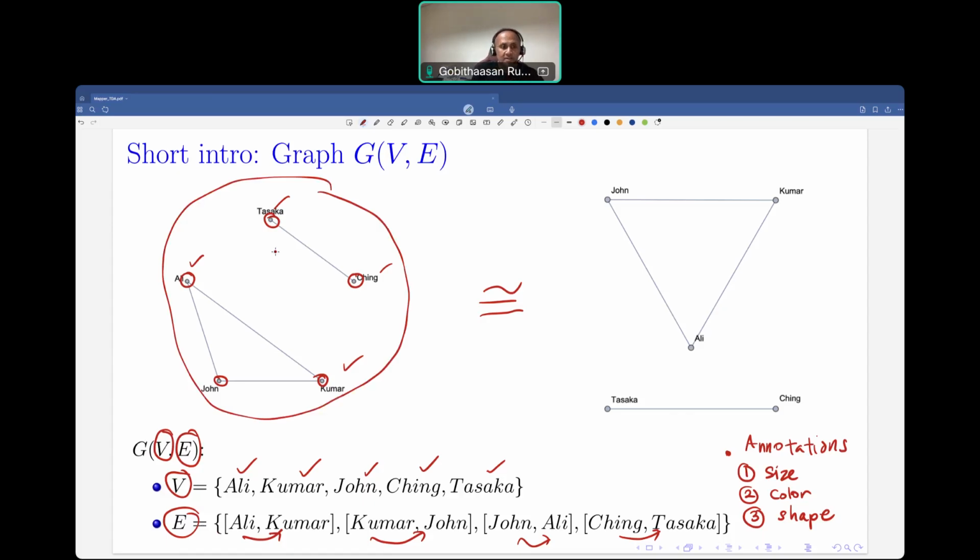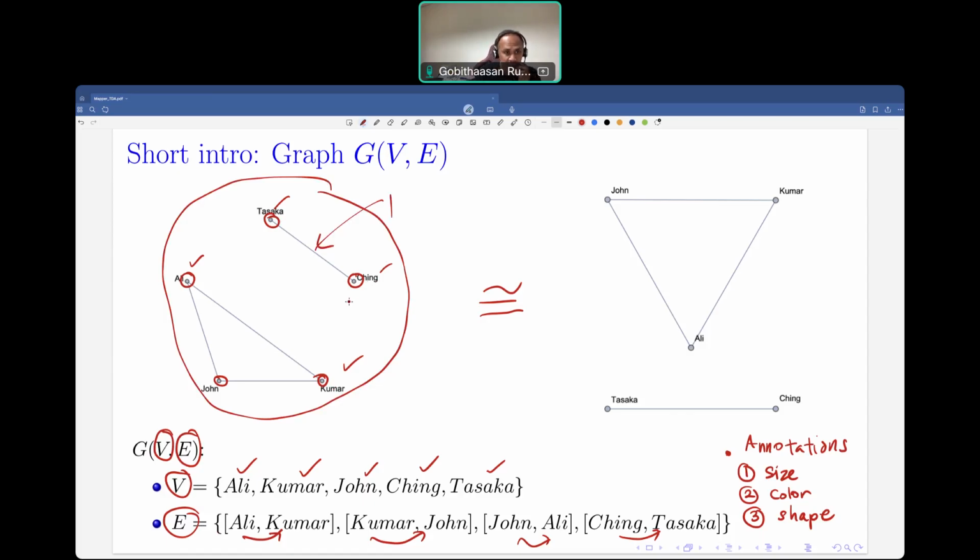So this is a graph. The edge here has no extra information; it's just, for example, that the distance from Tasaka to Ching is 1, and from Ching to Kumar there is none. They're not friends, they don't talk to each other.